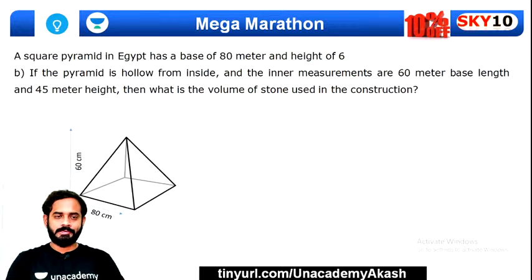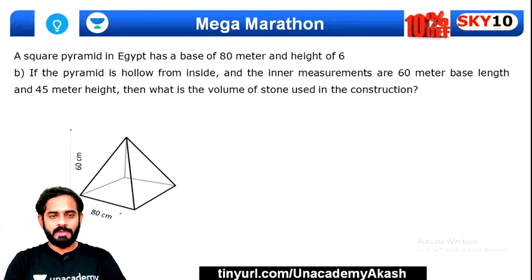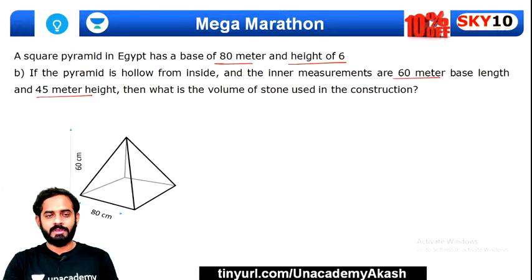Next. A square pyramid in Egypt has a base of 80 meter and height of 60 meter. If the pyramid is hollow from inside and the inner measurements are 60 meter base length and 45 meters height, then what is the volume of stone used in the construction?